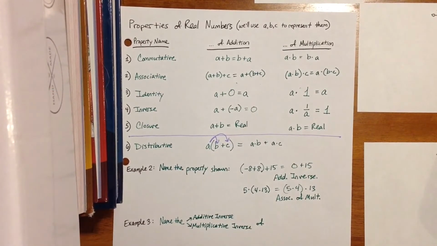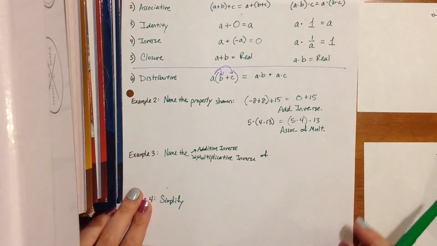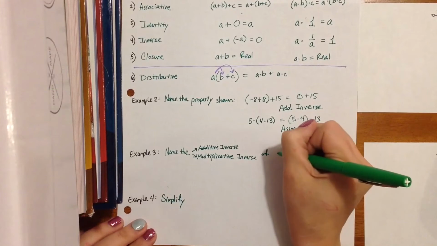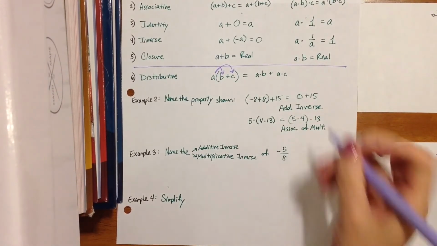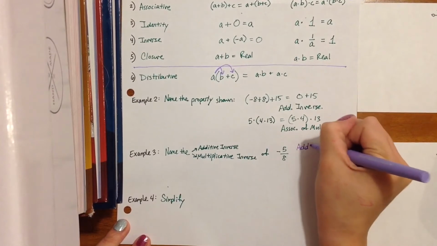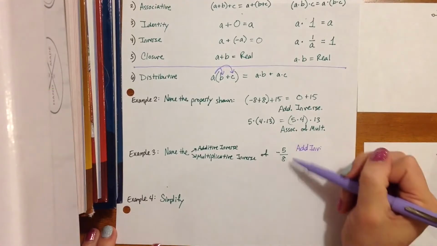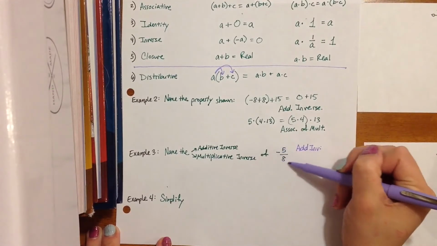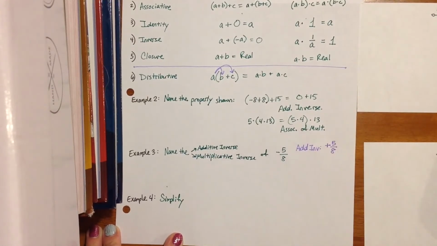Now, let's say I wanted to talk about the additive and the multiplicative inverses of a certain number. What if we talk about -5/8? Hopefully you see that my additive inverse is just the opposite. I need to get back to 0, and how I get back to 0 from -5/8 is by adding a positive 5/8.